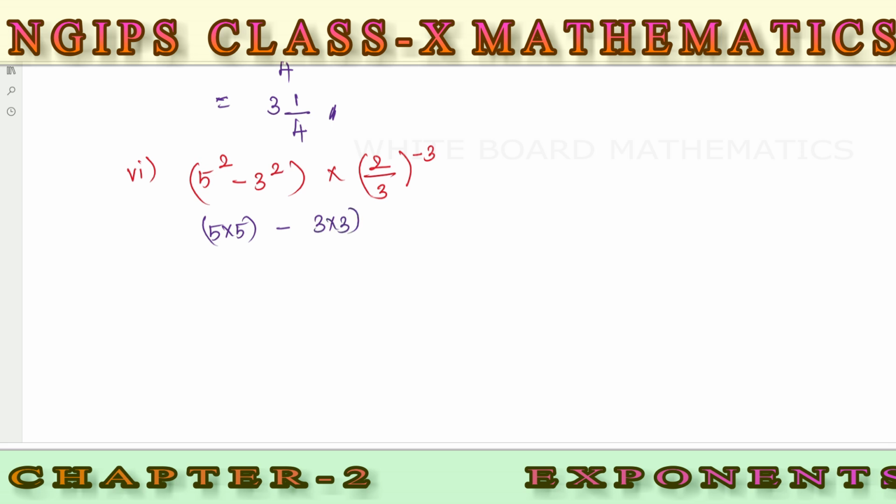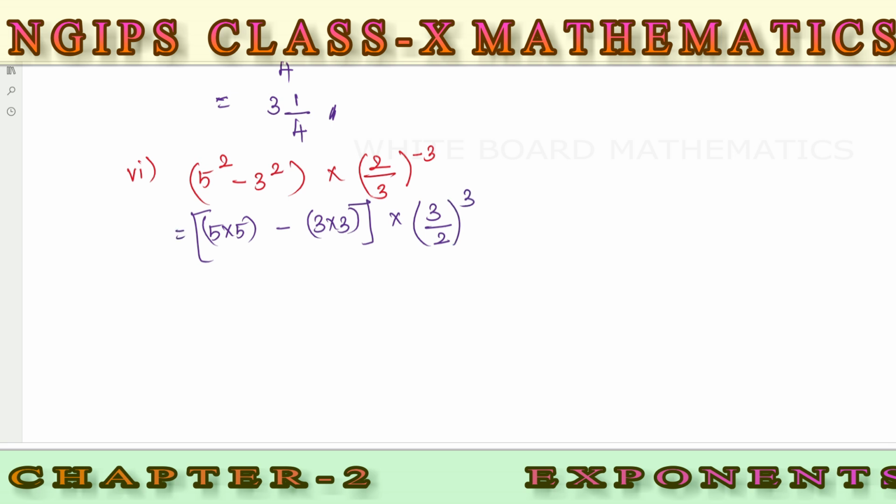I will keep the close bracket here, into, to make this negative integral power a positive integral power, I need to convert that base into the reciprocal of the base. So 2 by 3 has now become 3 by 2, so that I can write the positive integral power.